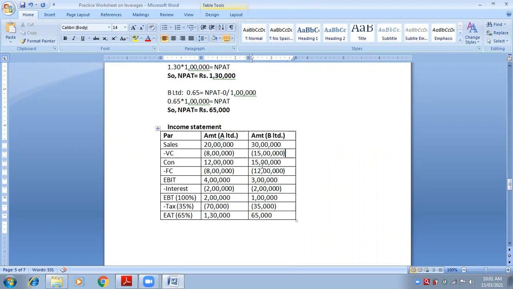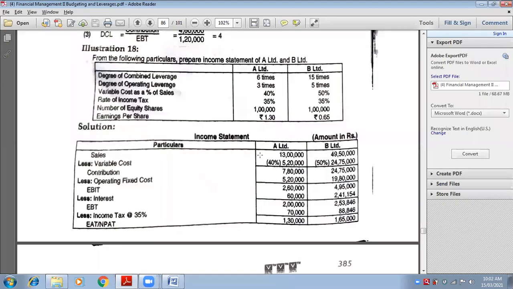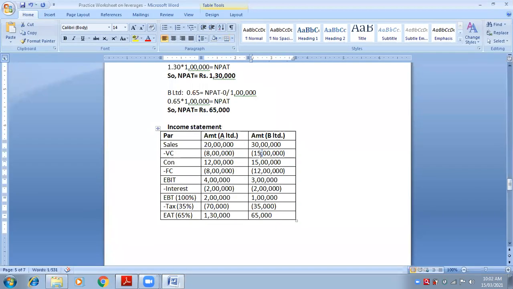You can verify your answers. Variable cost is 40% of sales in case of A Limited. So sales is 20 lakhs into 40%. Check out, is it 8 lakhs? Yes, correct. Now, in case of B Limited, variable cost is 50% of sales.